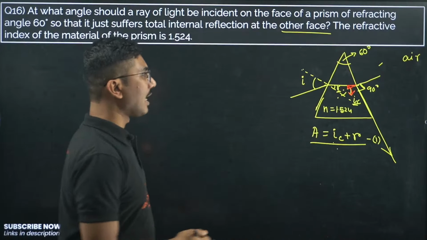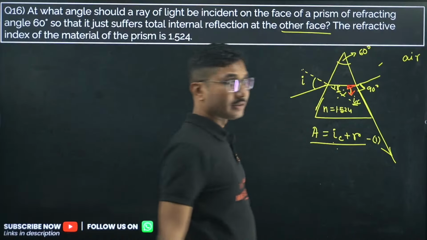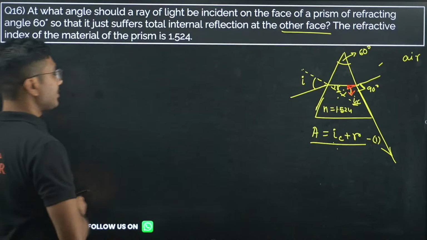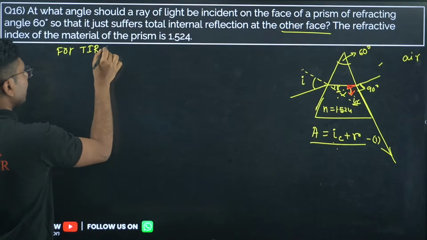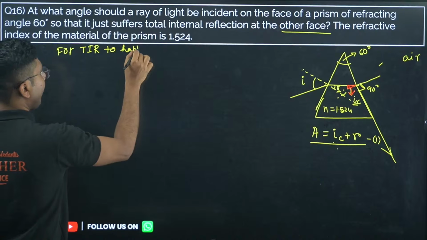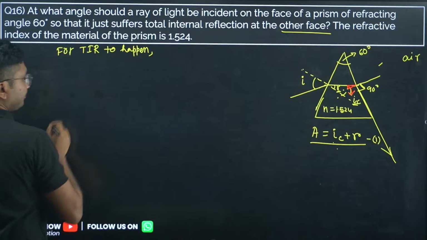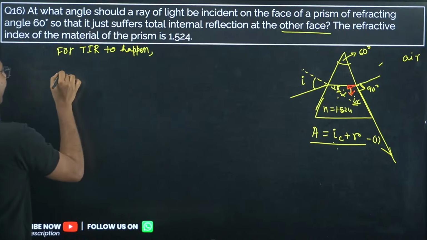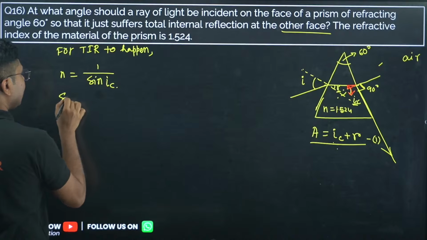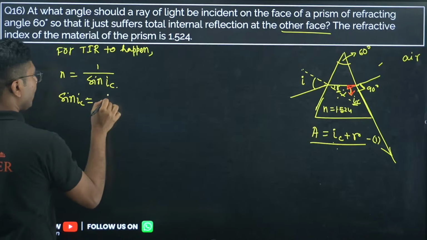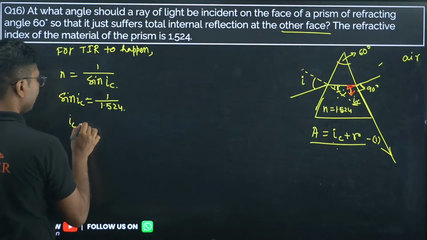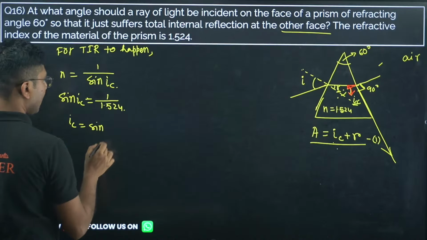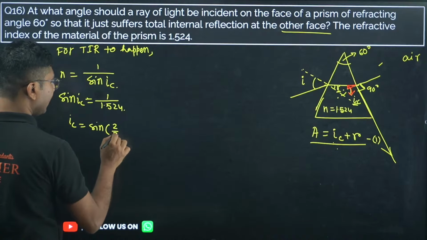Second, we will start with this surface, when the total internal reflection is happening. For total internal reflection to happen, the refractive index must be equal to 1 by sine ic, or sine ic equals 1 by 1.524, or ic equals sine inverse of this, sine inverse of approximately 2 by 3.